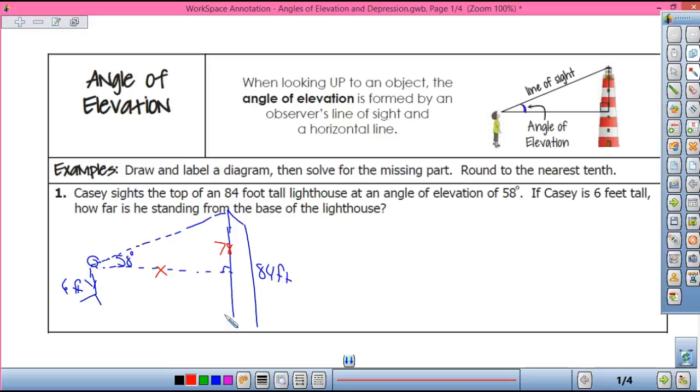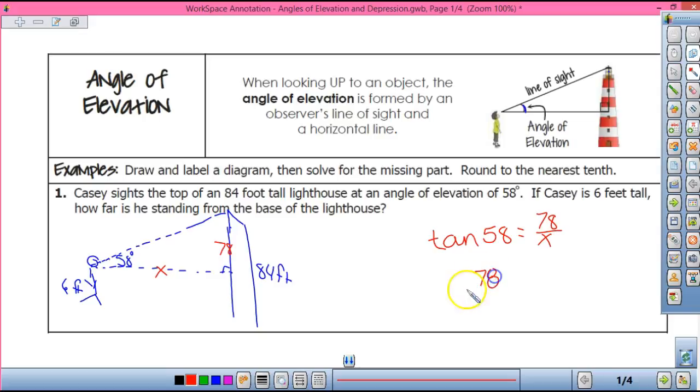Okay, what ratio am I going to use? Use tangent because I have the opposite and I'm looking for the adjacent. Tangent of 58 equals 78 over x. Yep. So am I multiplying or dividing? Dividing.